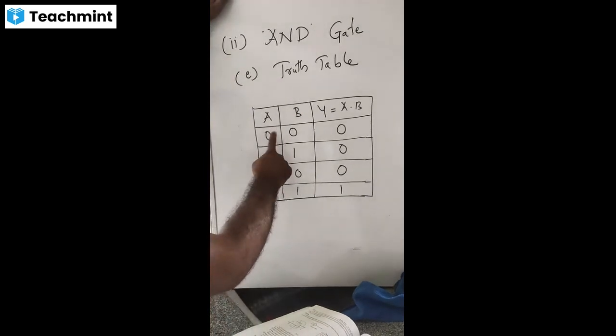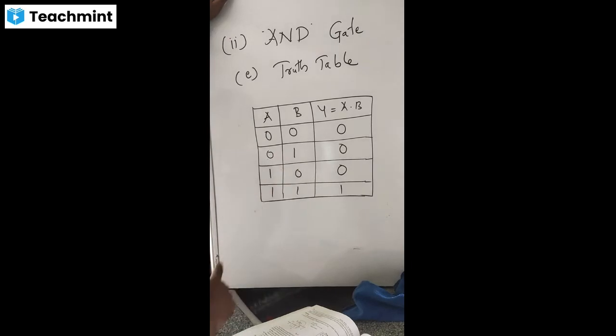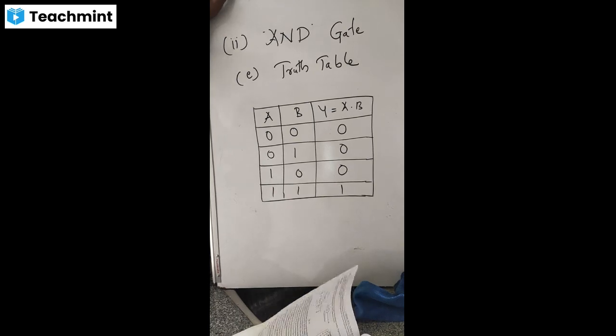Out of these two, here this is low, this is low. So if any one of the input is low in AND gate, output will be low. So to get high output, both inputs should be high. This is what we are going to study regarding AND gates.